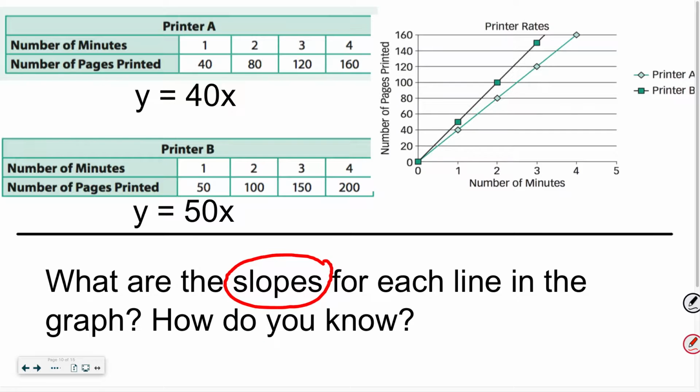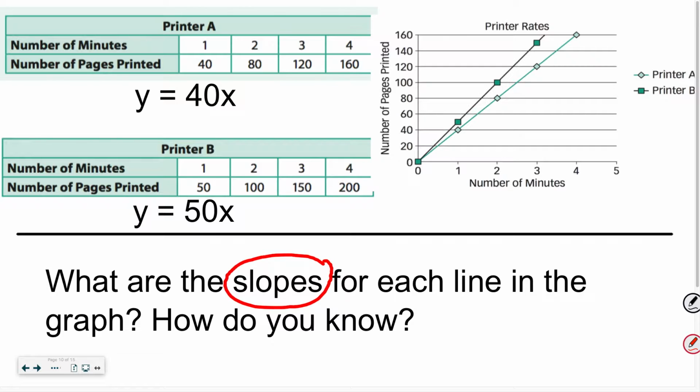So the slope is a value, it's a number. And it's a number that represents how fast the line is moving. What do you think it is for printer A? What number? Just a 1, it's moving at a rate of 1.